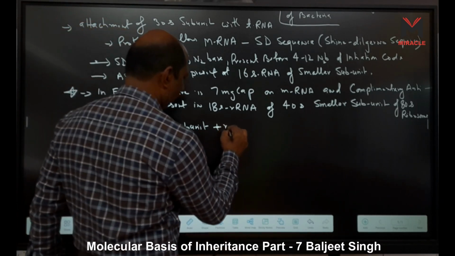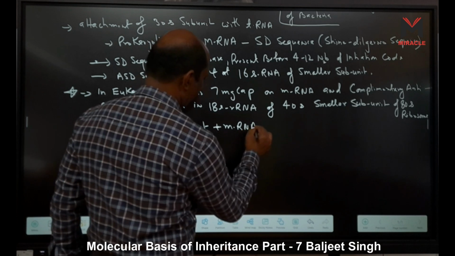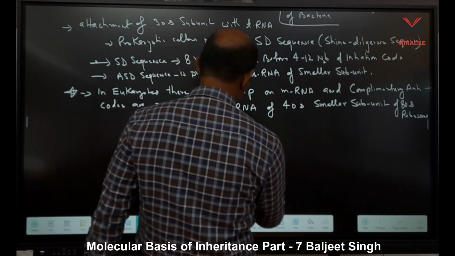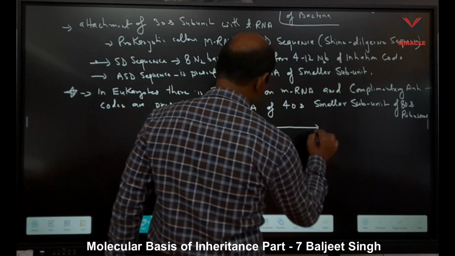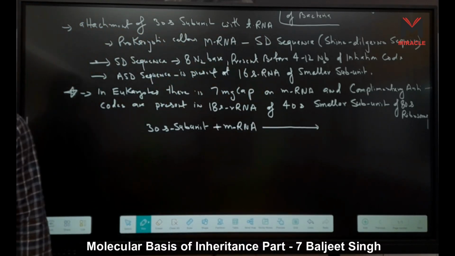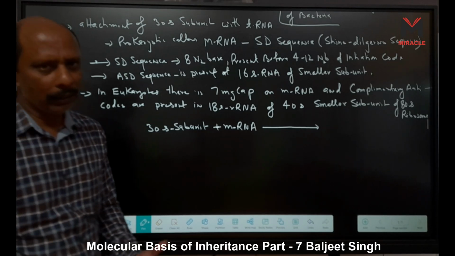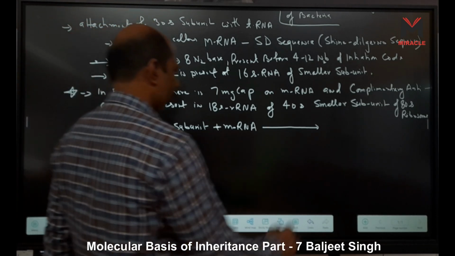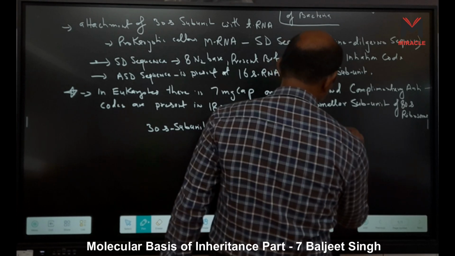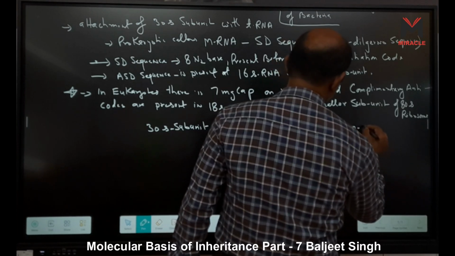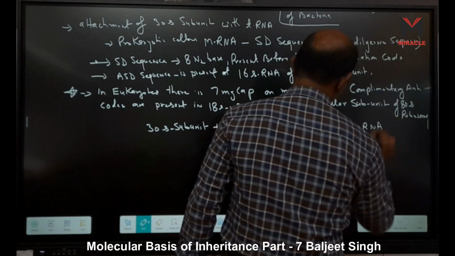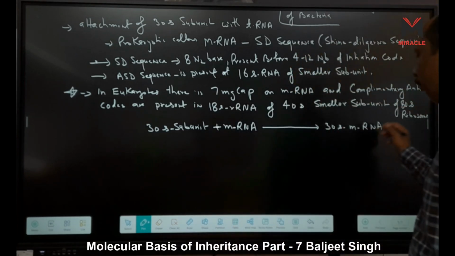What complex is formed here? Can you tell me the name of the complex? Simply, here the complex is 30S mRNA. 30S subunit mRNA complex is formed.